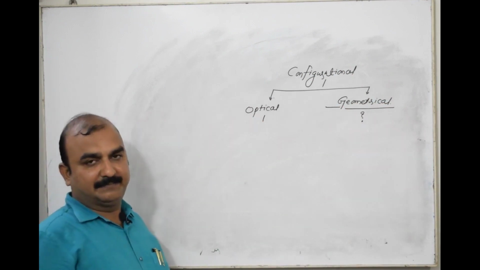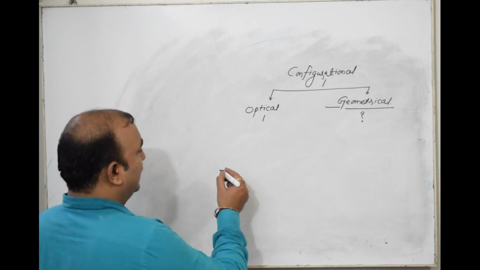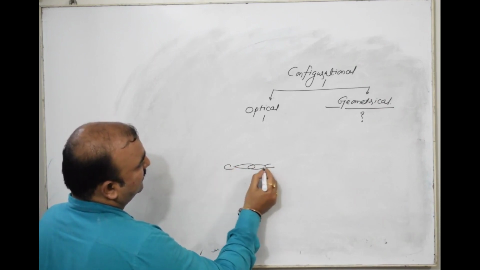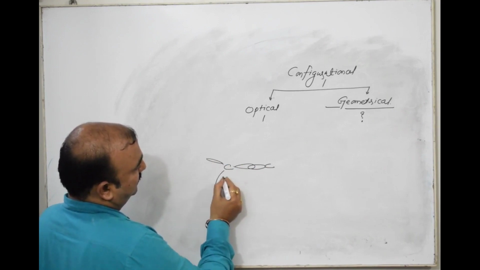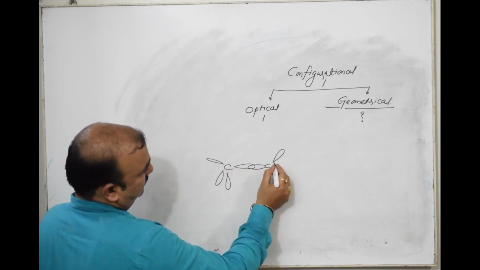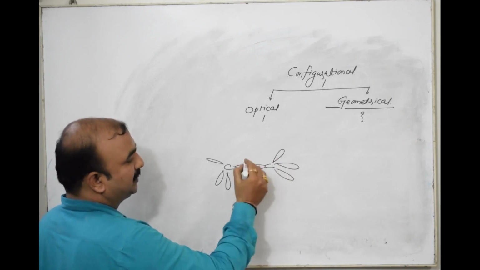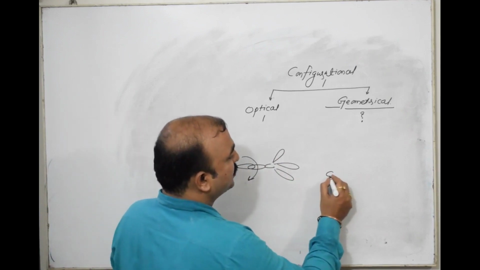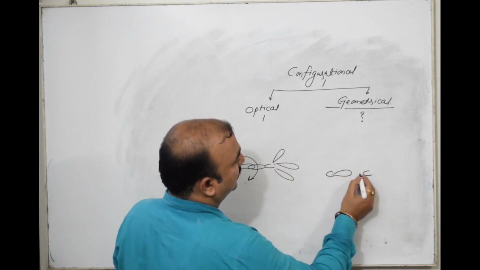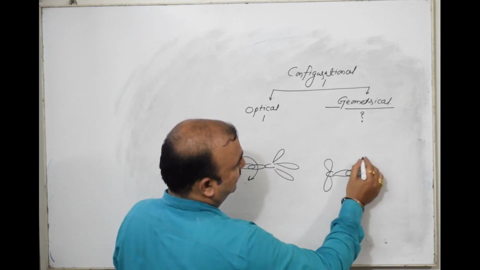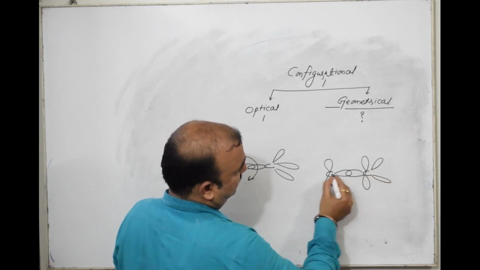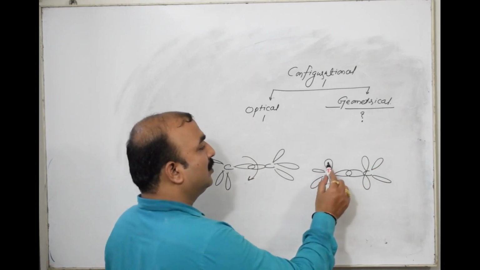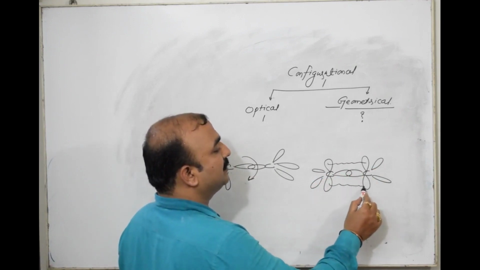Very interesting concept. Now as we know, there is a sigma bond, so there is free rotation. But when there is formation of a pi bond, you know that there is an unhybridized p orbital which will overlap sidewise, and there is formation of a pi bond.